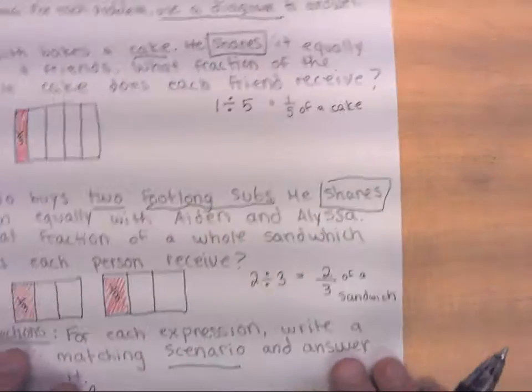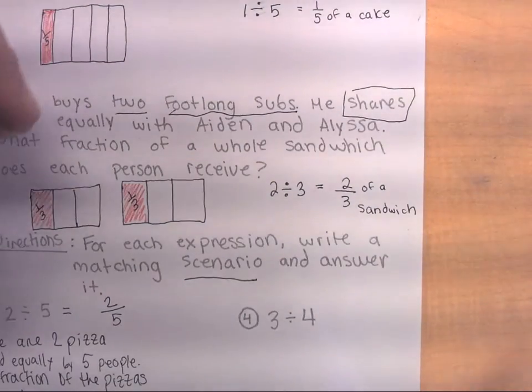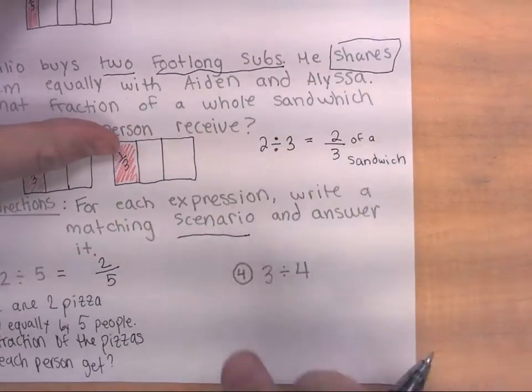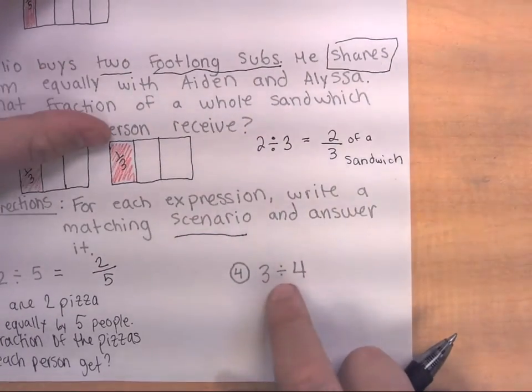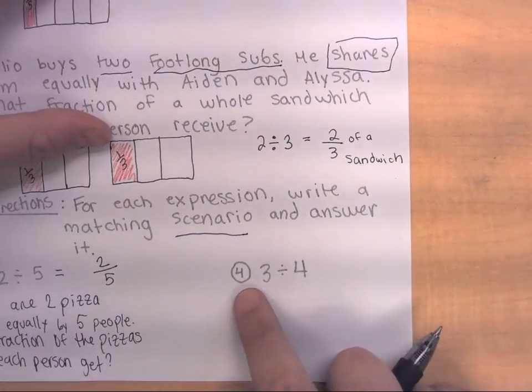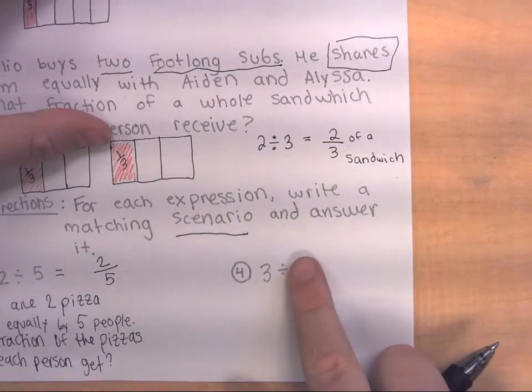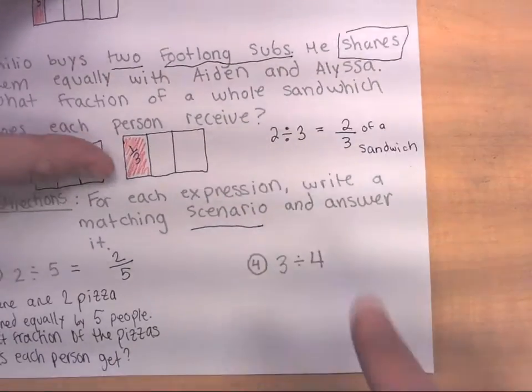Okay, so we have to do the same things for the 4th question here, or 4th problem. We have 3 divided by 4. So we have 3 whole somethings being put into 4 equal groups, or being shared equally amongst 4 people, or 4 dogs, or 4 cats, or whatever the situation may be.